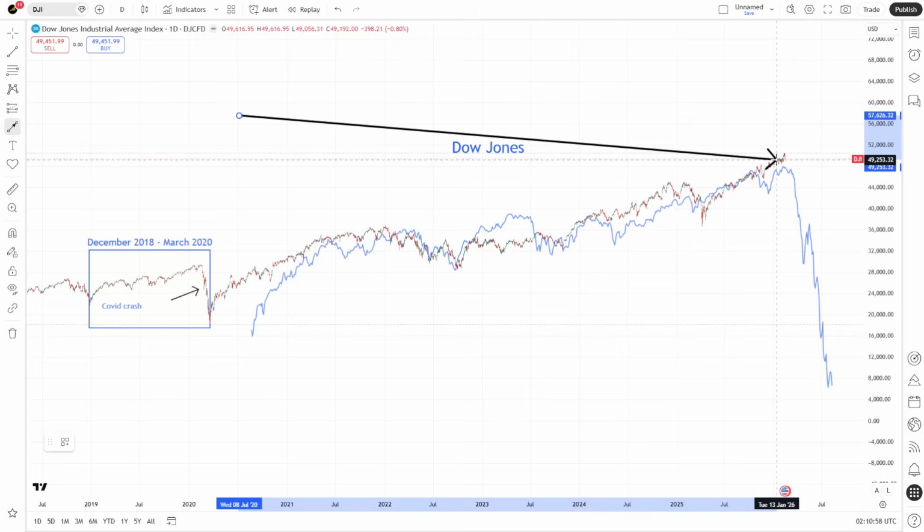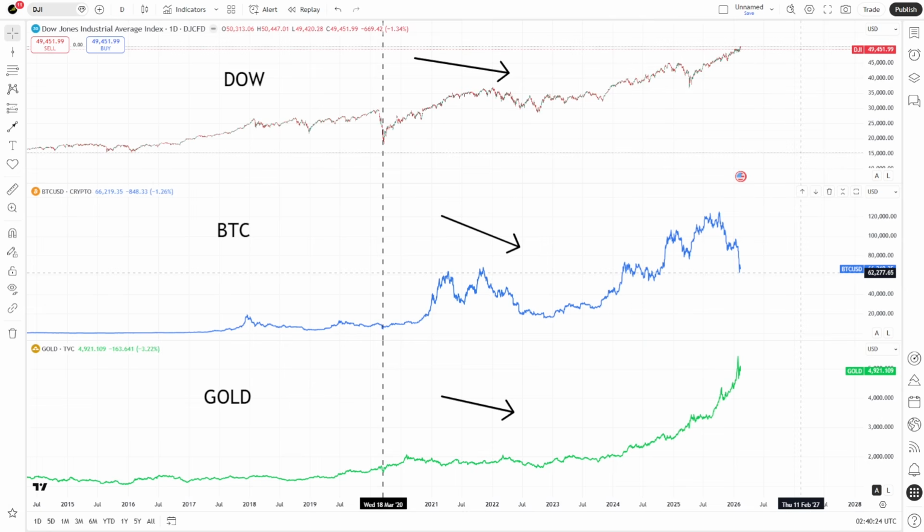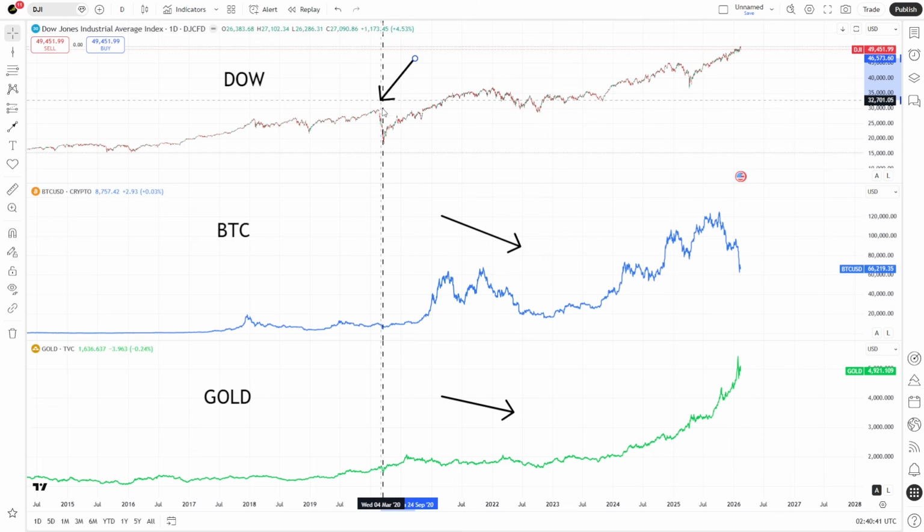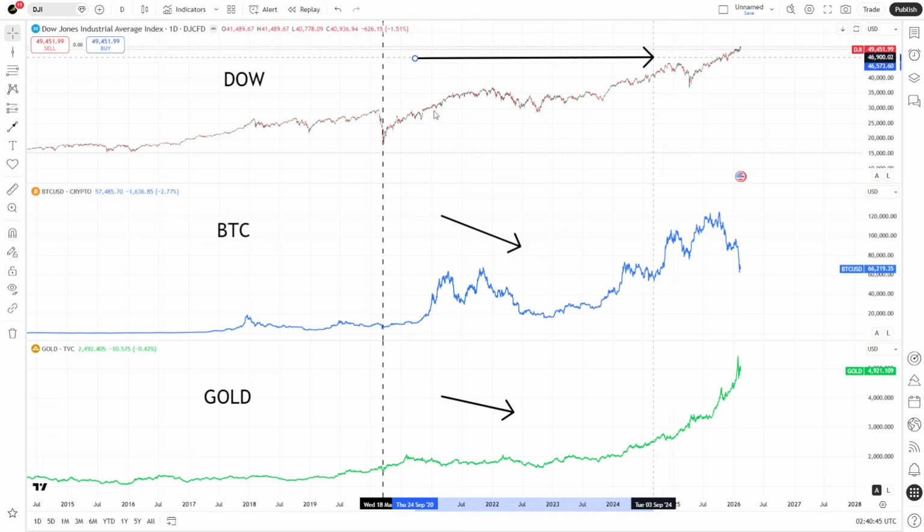Okay, so I'm going to compare Bitcoin and gold to the Dow Jones in the hopes of trying to make sense of what's going on and what could potentially be at play. So, of course, the top chart is the Dow Jones, the middle chart is Bitcoin, and the bottom chart is gold. We're going to start from after the COVID-19 crash, basically the structure that has been repeating on the Dow Jones.